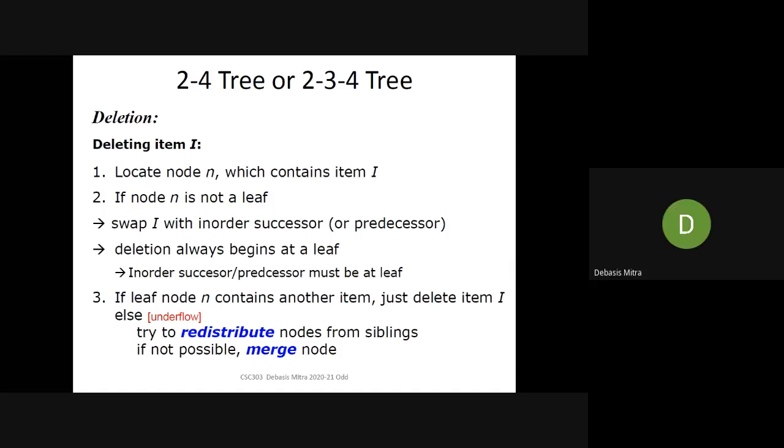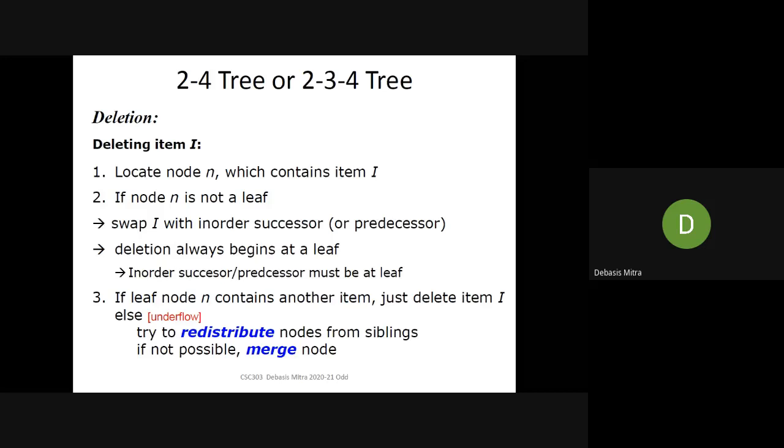The next step, so it will be a two-step process, since we should not only ensure the search property remains satisfied after deletion, but also that the other properties of the B tree are satisfied. The main property that we need to take care of in deletion is that we should not lead to an underflow.